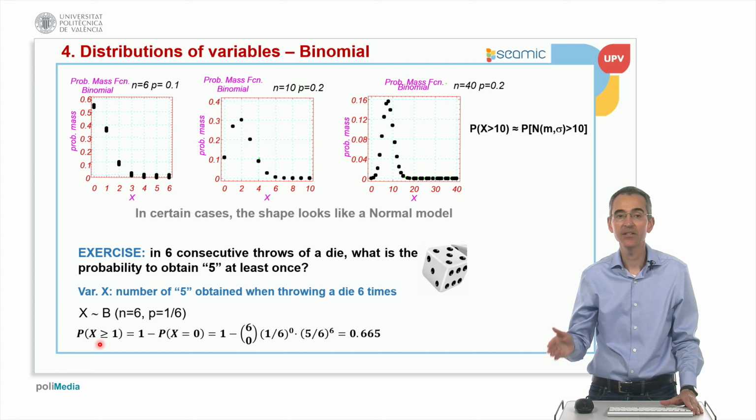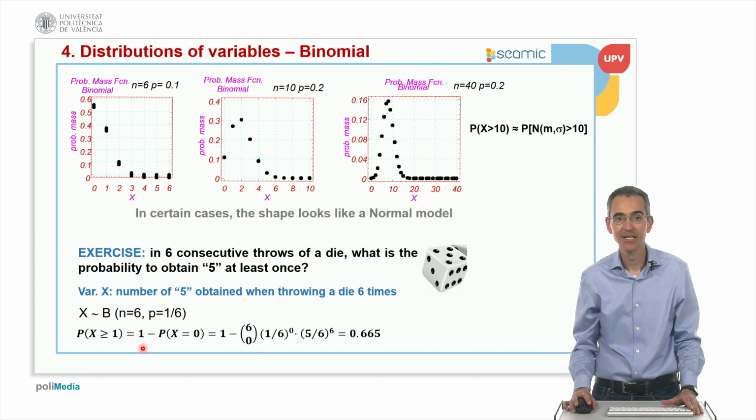But if we apply the complementary event, it is much shorter. The complementary event would be 1 minus the probability to be exactly 0. So in this way, we just have to apply the probability function just once. So we apply the formula. Any combinatorial number over 0 is 1. This is also 1, and we end up with the solution.